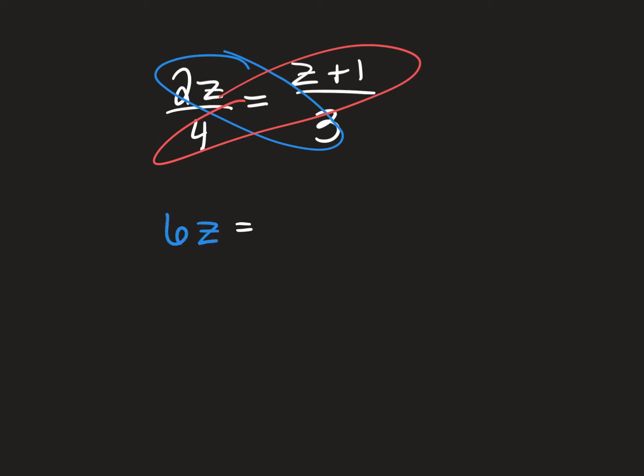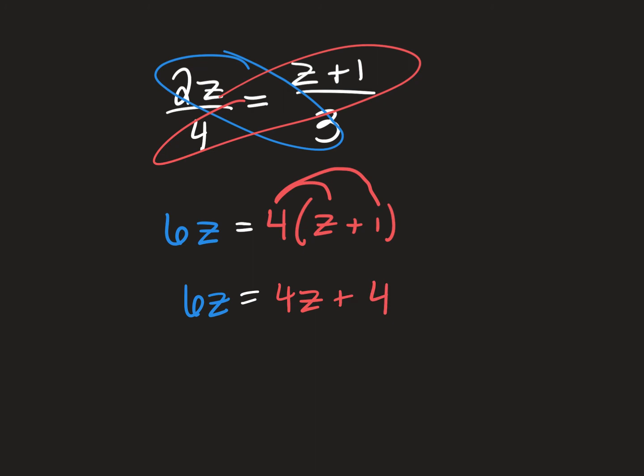And then on the other side, we're going to have 4 times z plus 1. You want to make sure and put this entire quantity in parentheses, and we will have to use our distributive property, so we're going to multiply that 4 to both parts there. So we have 6z is equal to 4z plus 4.